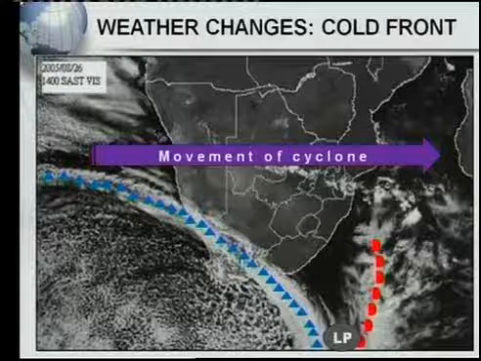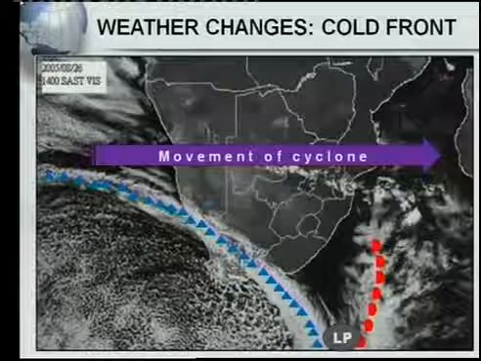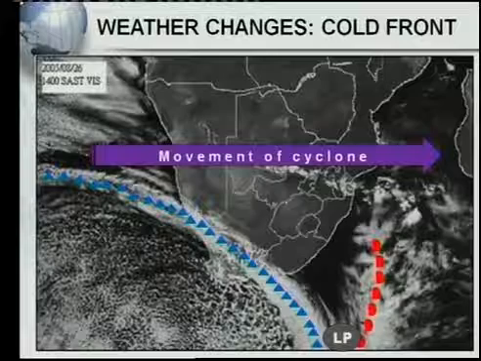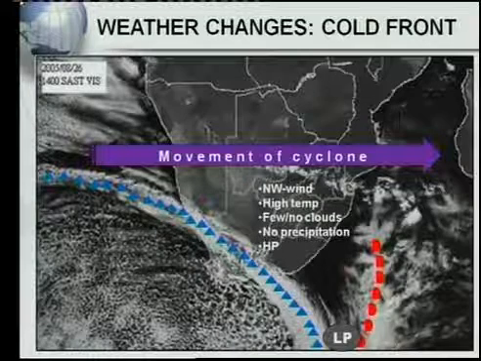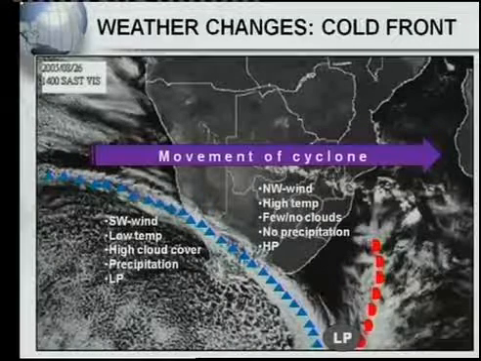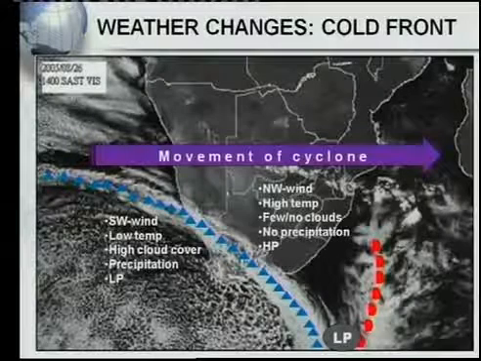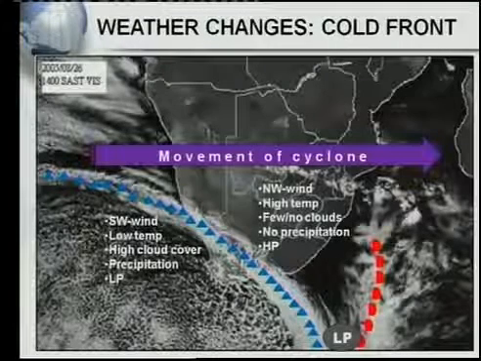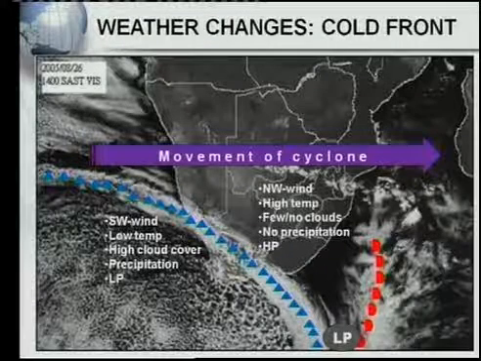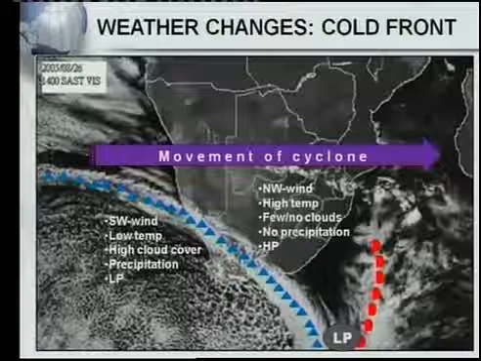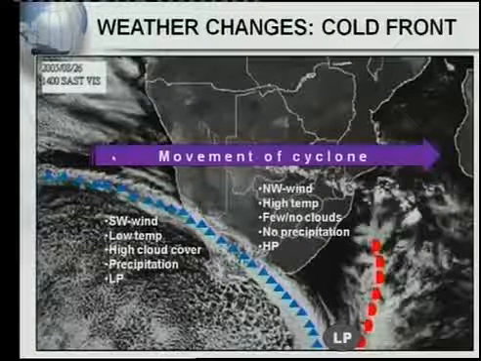So let's just have a look at the weather changes that take place here. Now I've put on the weather changes for you here. Now I would like you to have a look at this satellite image. If you look at this part of South Africa, you will see that there's nearly no cloud coverage here. And behind the cold front here we've got lots of cloud coverage.